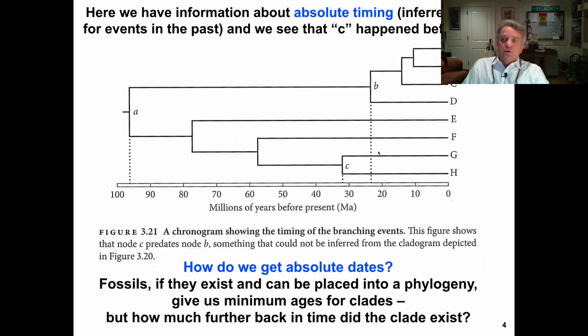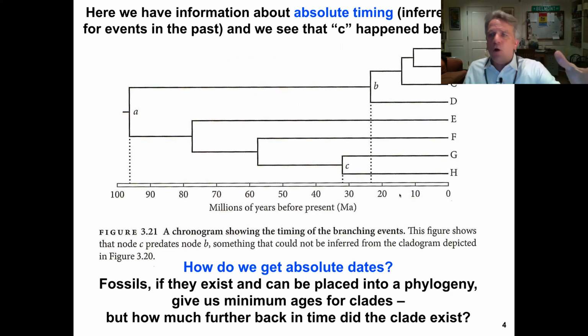Now, when we do have information about absolute timing, as is shown here in this time-calibrated phylogeny that we call a chronogram, meaning that it's relating to time, here the branch lengths are drawn to reflect the estimated time, in this case millions of years before the present.